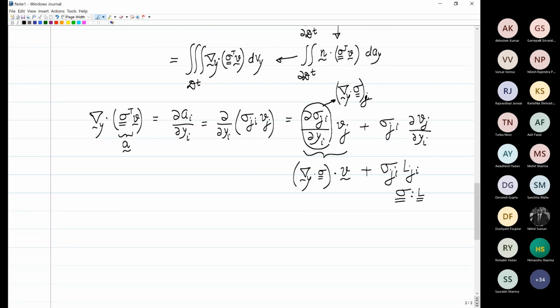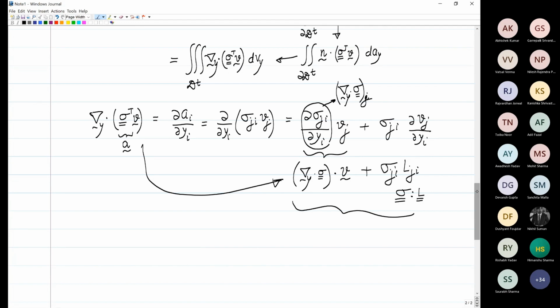Okay, so this is how you see we could find out the tensor form of the original operation. It was not easy to see it directly, but when you went through the indicial notation, then you could see what it is. So always, always try to do that.